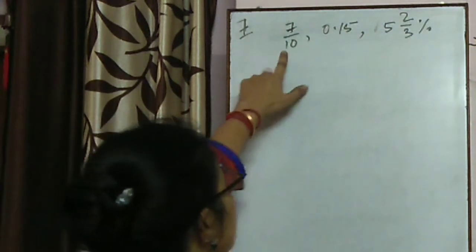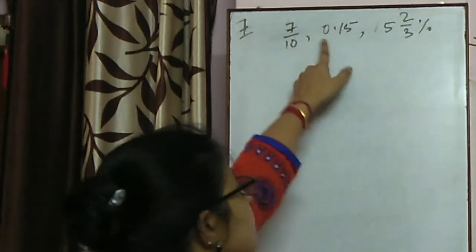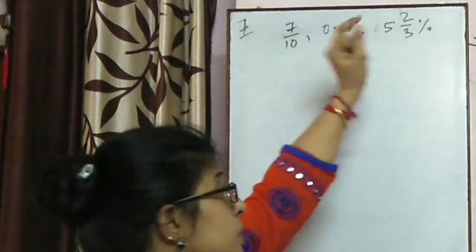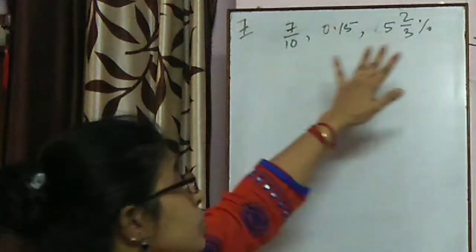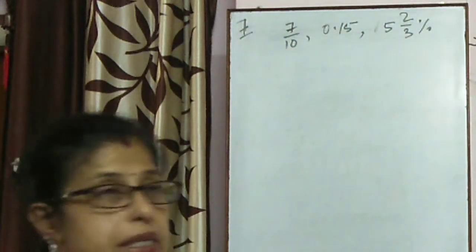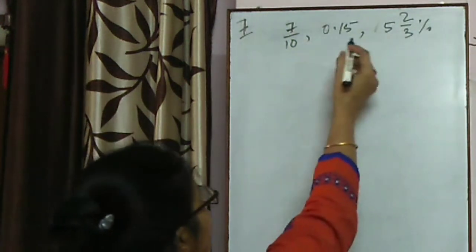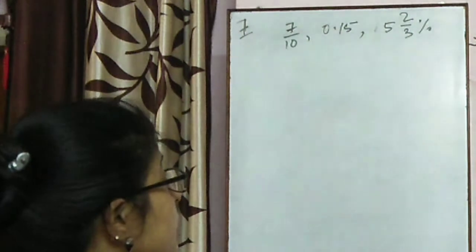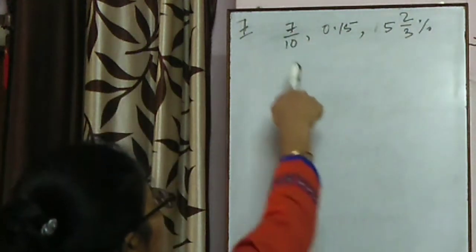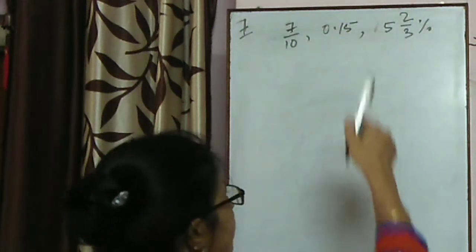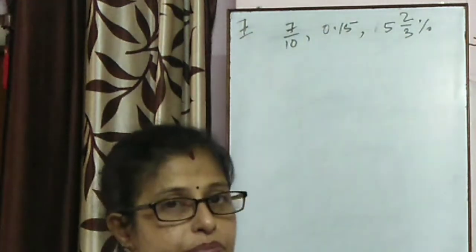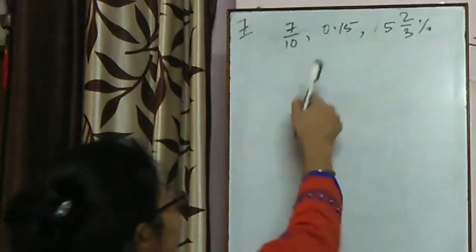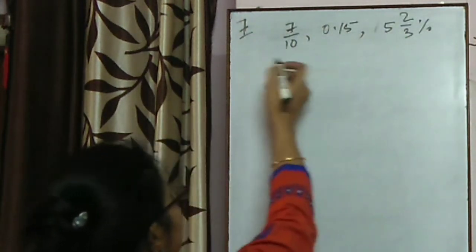It is a fraction, it's a decimal, it's a mixed fraction with percentage. So all those have to be converted into the same form. Each term you can convert as a fractional number with the same denominator, or you can convert each of them into a decimal number. So let's do it by converting into decimal numbers.